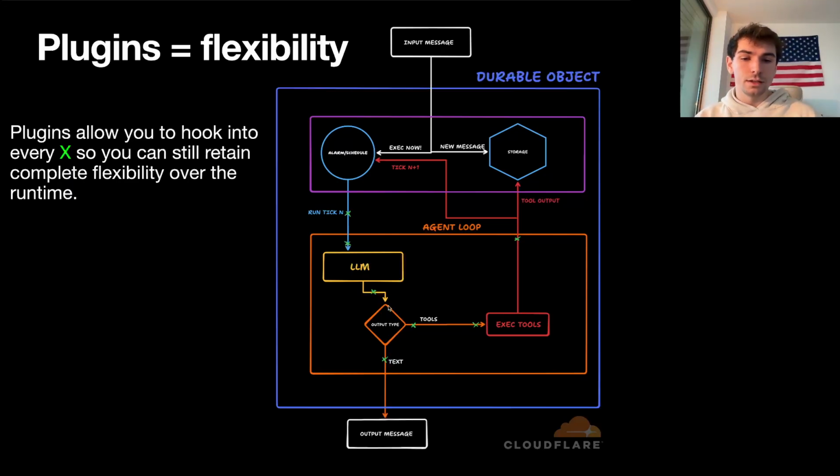So you can have a plugin that hooks right after the LLM outputs a tool, and the plugin checks if the tool that the LLM decided to call is tool C, and if so, you can halt until a human approves. There's much more that you can do with this. This is to illustrate that you still remain completely in control over how the whole thing runs.